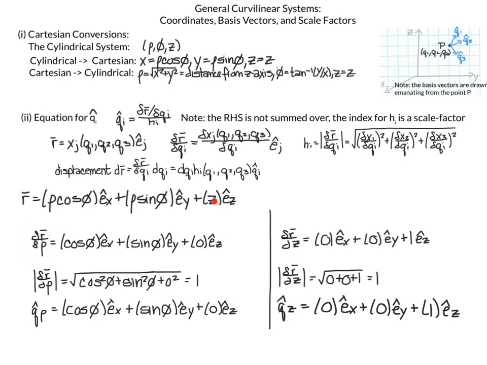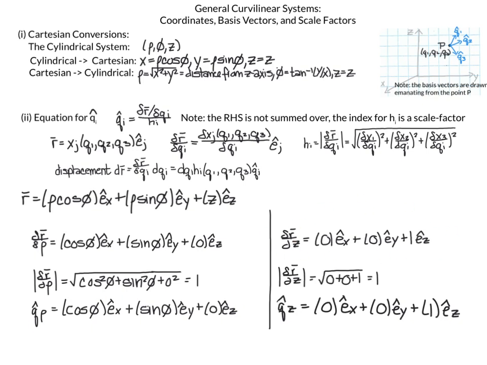So the derivative with respect to rho for each of these is going to be cosine phi, sine phi, and here 0. There's no element of phi here. So the magnitude of this dr d rho, so that I can get my h of i, is square root of cosine squared phi plus sine squared phi plus 0 squared. So that's equal to 1, which means my basis vector in the rho direction is simply cosine phi in the x direction, sine phi in the y direction, and 0 in the z direction.